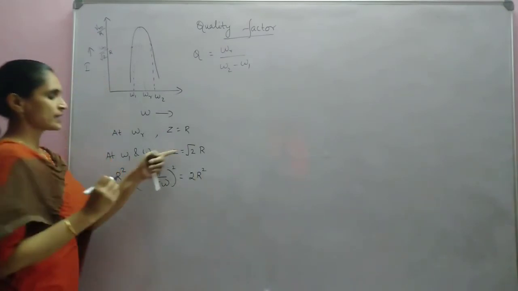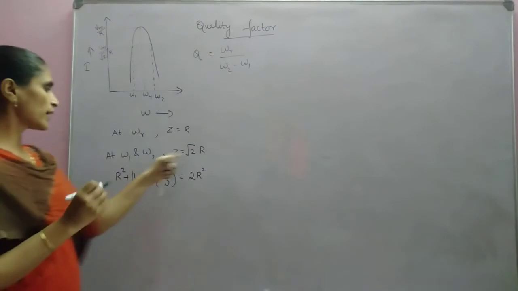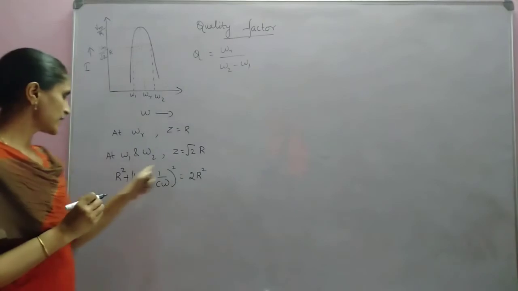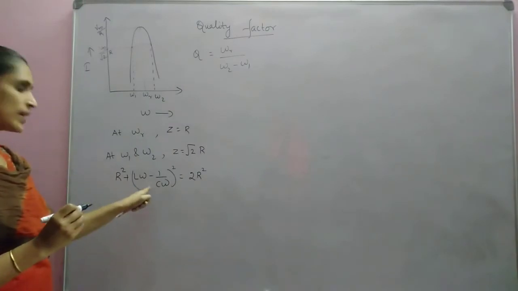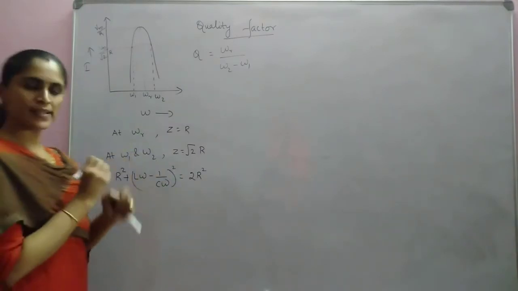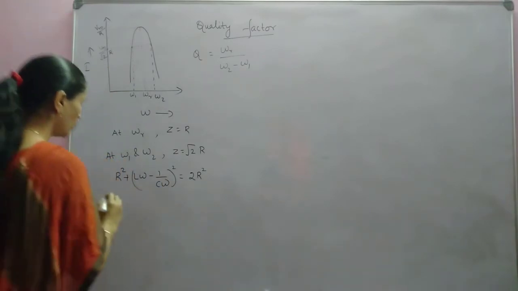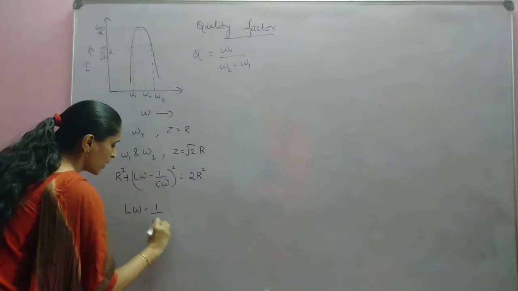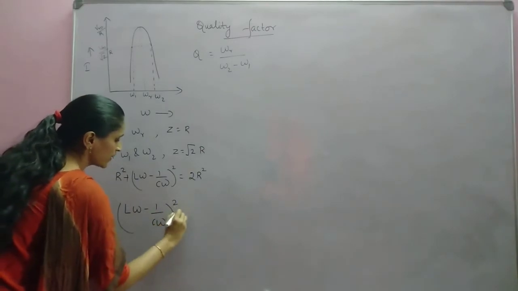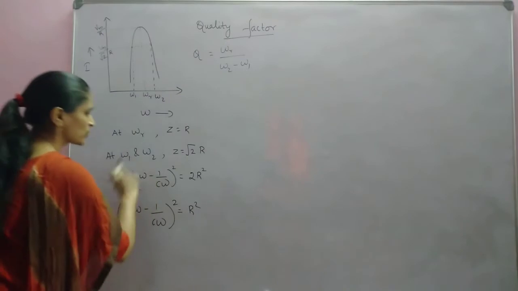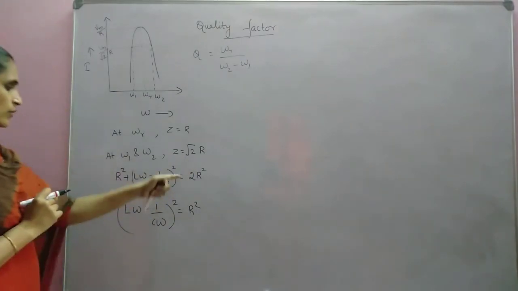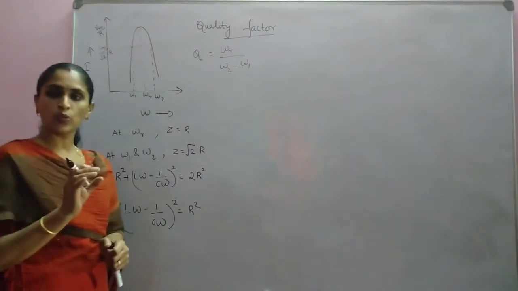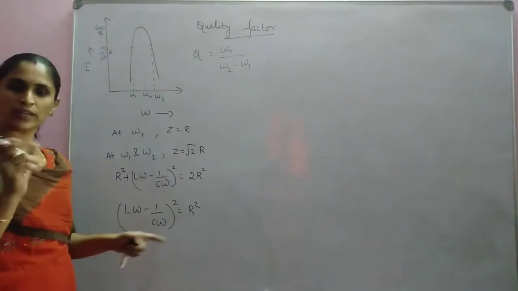Z is equal to root 2 R, if you square both sides, Z square is equal to 2 R square. Z square is given by R square plus (L omega minus 1 by C omega) the whole square. Or we can write (L omega minus 1 by C omega) the whole square is equal to R square, as R square is taken to this side, so it becomes 2R square minus R square, which is R square. Now this is a quadratic equation, so it will have two roots.